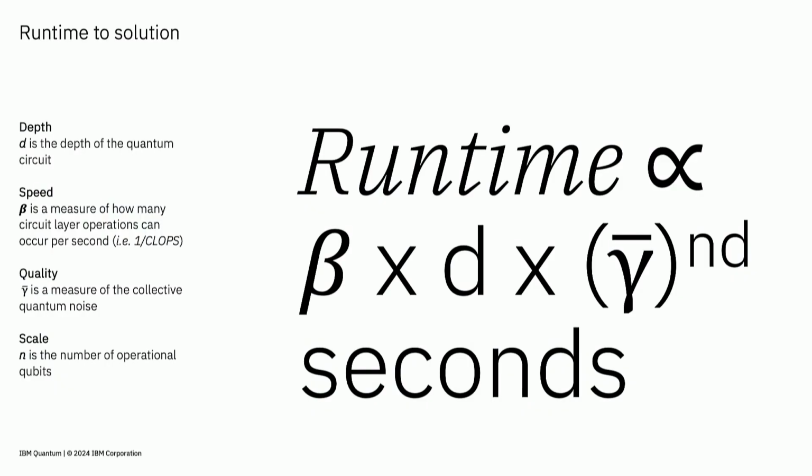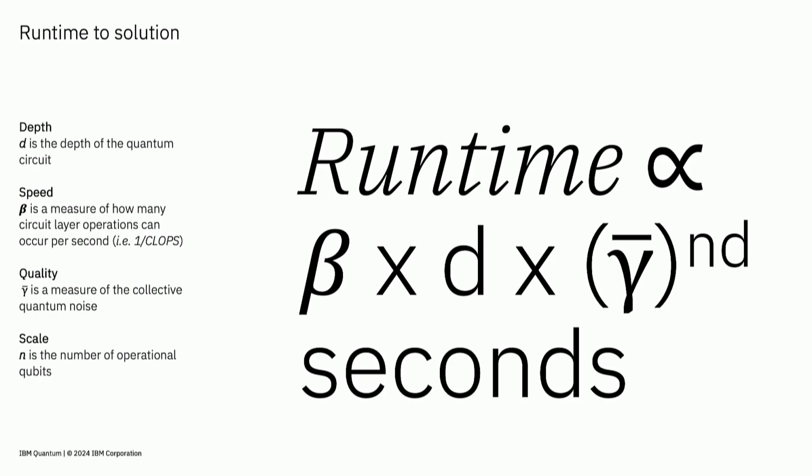And what this formalism really enables is basically an ability to quantify a runtime to solution. You can essentially quantify how much time it will take for you to execute a noisy quantum circuit with n qubits with a depth of d, and produce unbiased expectation values from this, right?